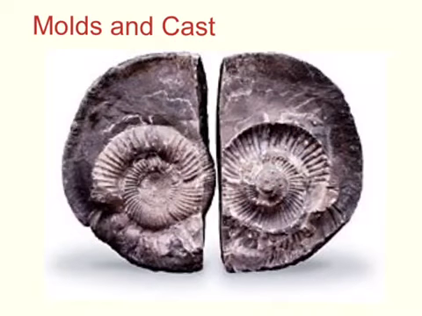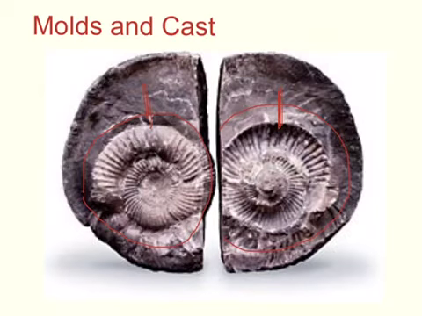Another example here is molds and casts. See how this one looks like it's protruding outward like a 3D movie? See that? And how this one looks like it's going inward like a Jell-O mold. Now, if you took this fossil and you folded it in on itself, this one would fit perfectly inside this one.